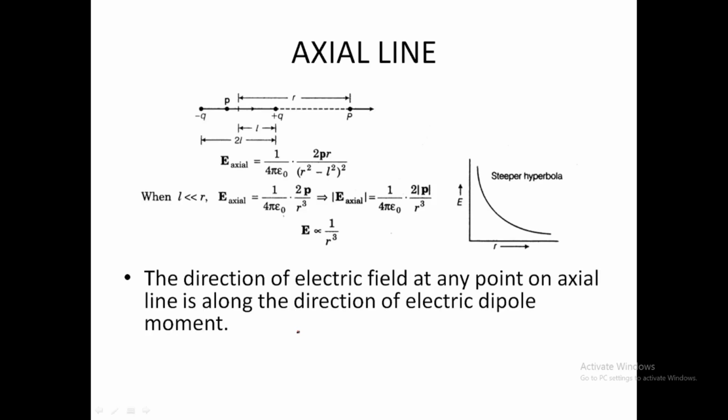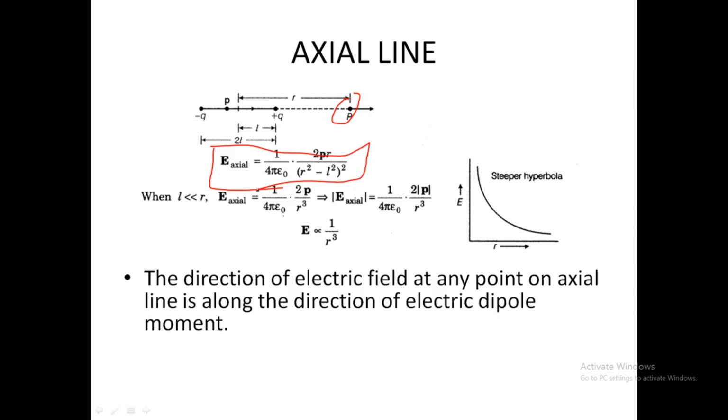Next one is electric field due to an electric dipole. In this case we are going to take two conditions. First, a point along the axial line, that is along the axis. So here we are considering a point P along the axis. After derivation and simplification, we get this formula for the electric field along the axial line.